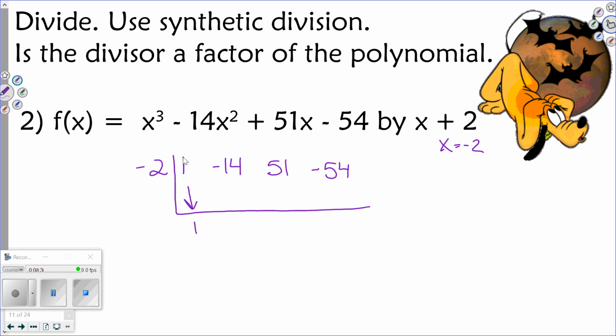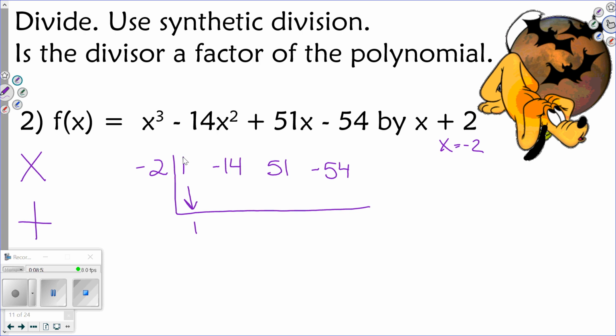Okay? So you're always thinking about a multiplication sign and an addition sign. Multiplying is always at the angled ones. So every time I'm doing this, it's at an angle. That's when I'm multiplying. An addition sign is the straight up and down part. Straight up and down is when I'm adding or subtracting them.